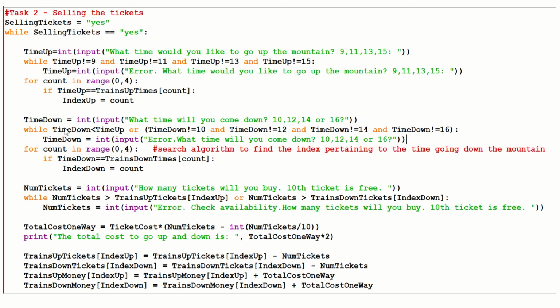So if time down is not equal to 10, 12, 14, or 16, if it's either this or this, not both, even if it's either one, then it would display an error, else it wouldn't display and it would continue.